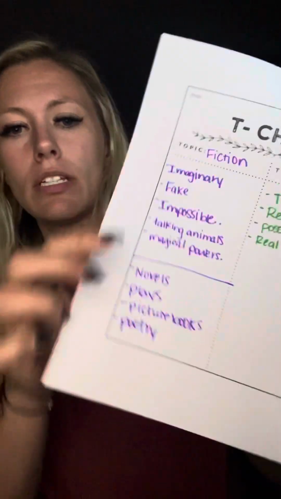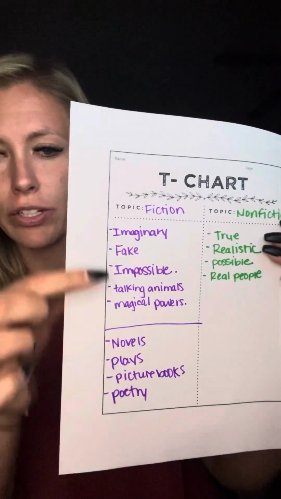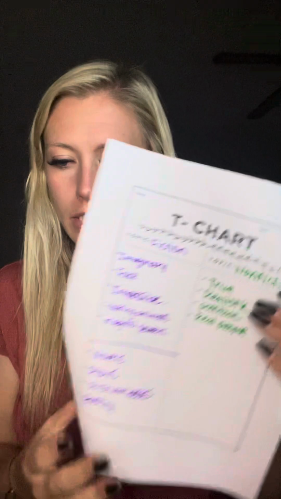I'm just going to draw a line to write, and I'll write novels, plays, we could do picture books, and then poetry could be one. Just to reference, this is what I did to show you what books we could potentially see that would be categorized as fiction.